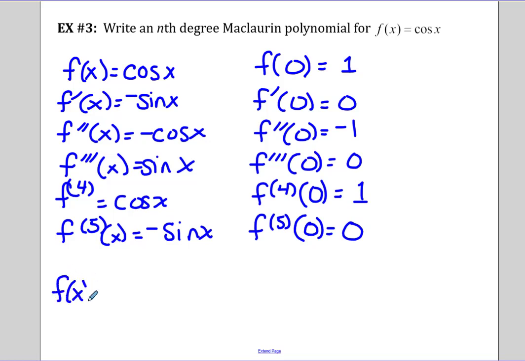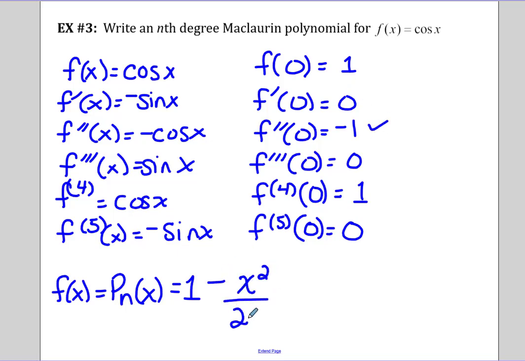So our function for some nth degree Maclaurin polynomial is going to be 1 for a constant. Then we have no linear term, and we have a negative x squared term over 2 factorial. No third degree term. We have positive x to the fourth over 4 factorial, and no fifth degree term.